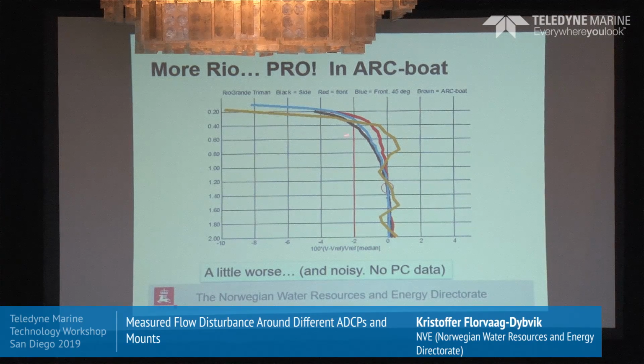And we see that that has the worst flow disturbance of these 4 options. Also, we see that it produces more noisy data, because most of the Rio Grande data was in pulse coherent modes 5 or 11, and I couldn't make that Rio Pro stay in pulse coherent.